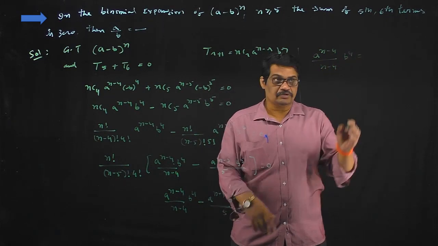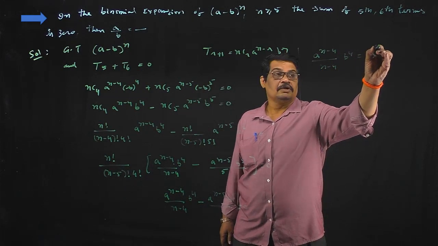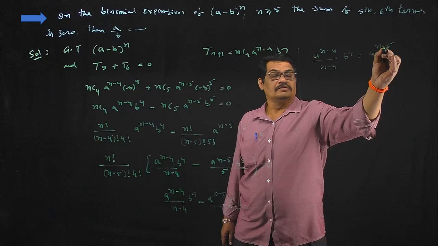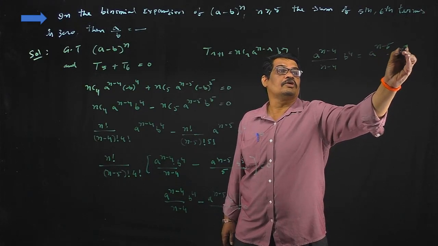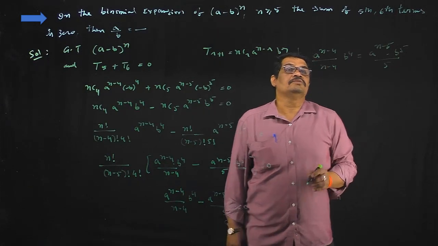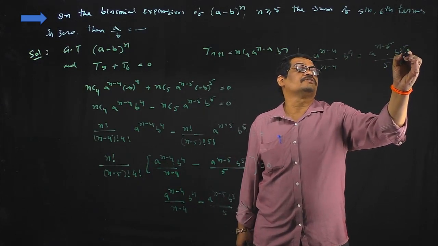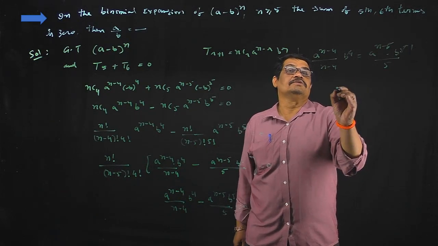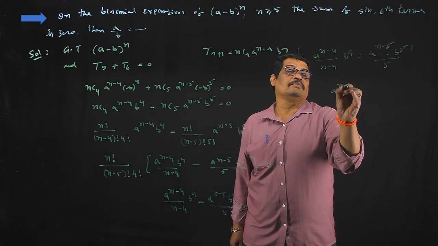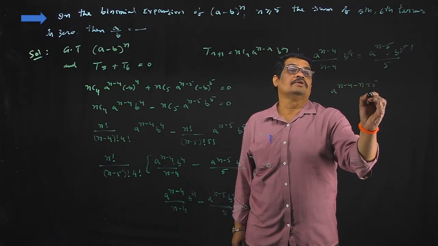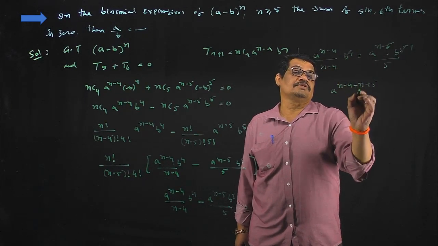This is moving to this side: a power n minus 5 into b to the power of 5 by 5. Now b power 4 and b power 5: 5 minus 4 is 1. Now a to the power of n minus 4, this term is moving to this side, as minus n plus 5. Here the b power is cancelled.